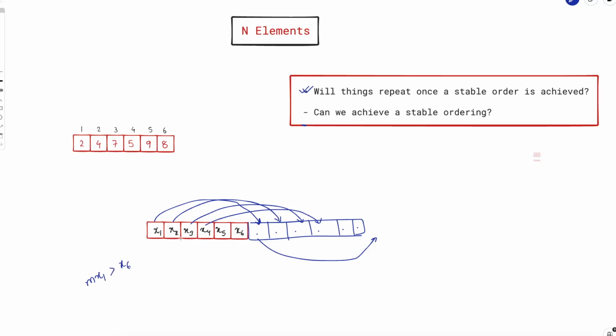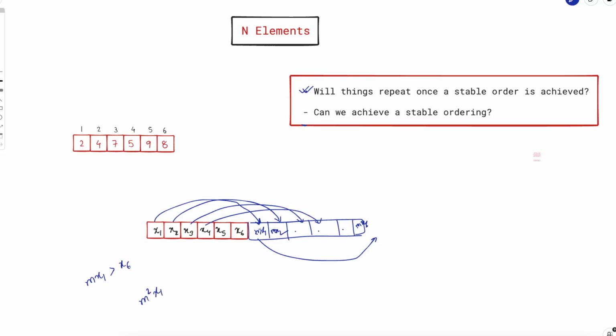Now we did all the operations once. So after 6 operations, this will be mx1, this will be mx2, and so on and so forth, and this will be mx6 finally. Now you are applying operations again on this one. So this will be m squared x1.